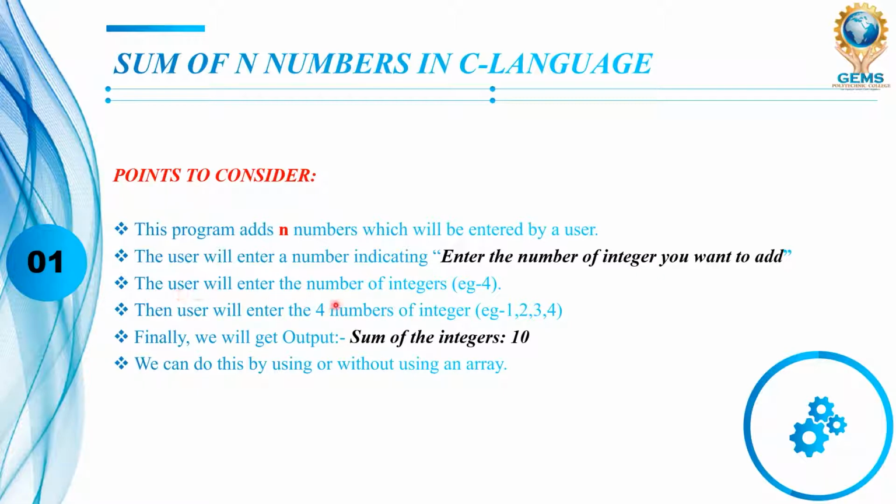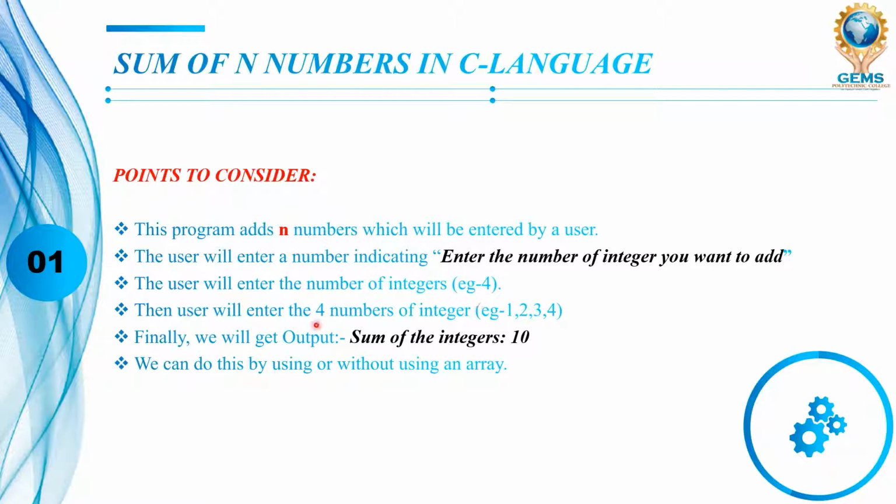Third point is related with the second point. The user will enter the number of integers, example 4. So suppose the user enters the number of integers you want to add is 4. That means the 4 numbers they are going to add in the program.